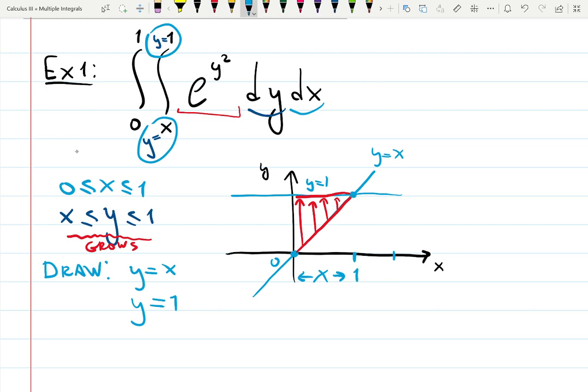It's the point of intersection over here. So y is growing up, rise, while x is growing from left to right, from 0 to 1, run. They want us to switch the order.